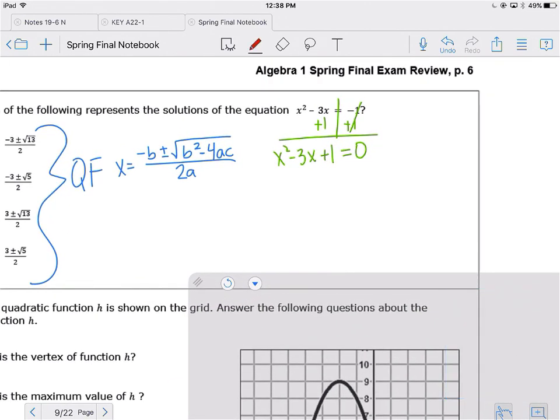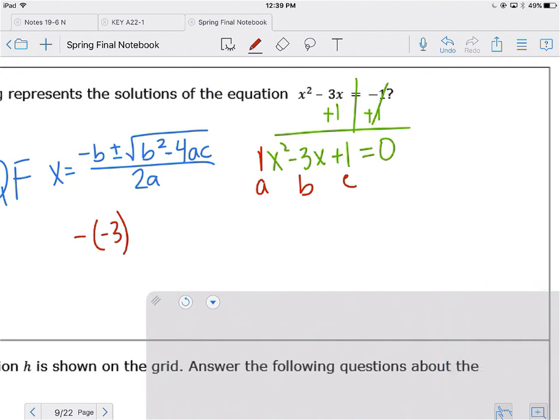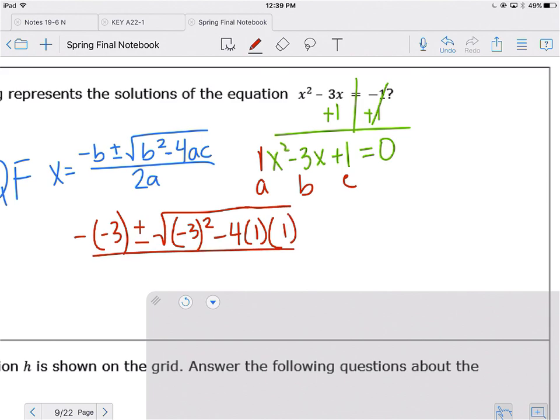So I'll give you a minute to write that. So my a value is 1, b is -3, c is 1. So the opposite of b plus or minus the square root of b squared minus 4ac all over 2 times a.